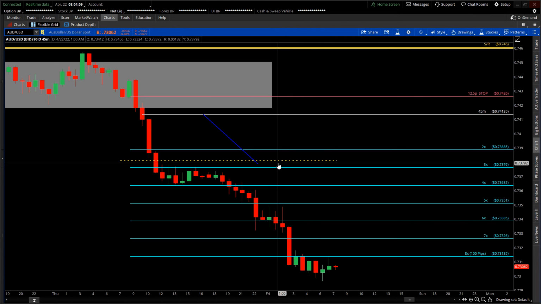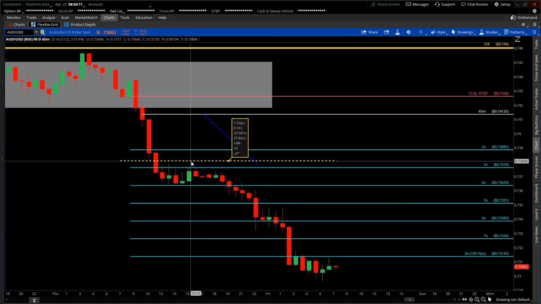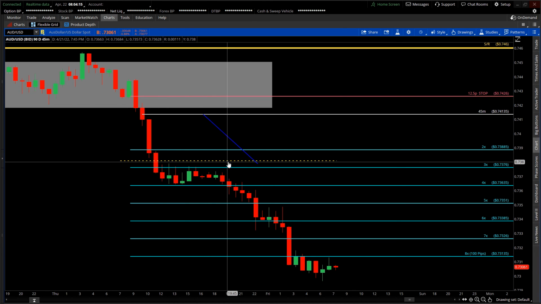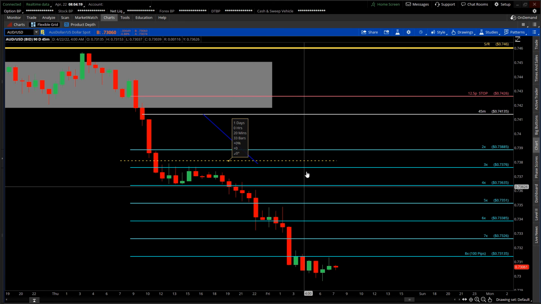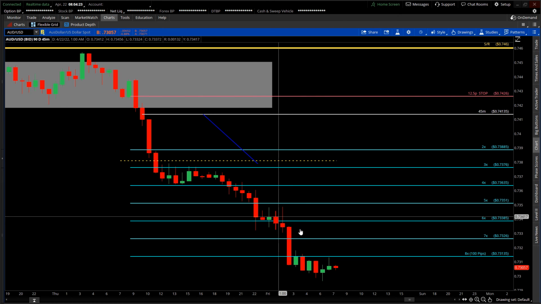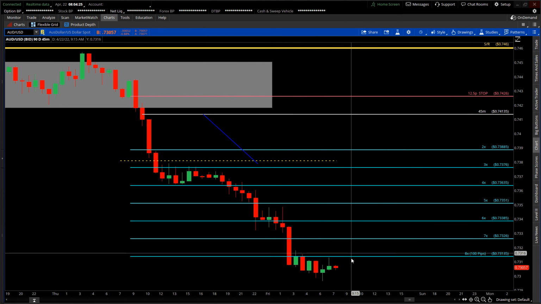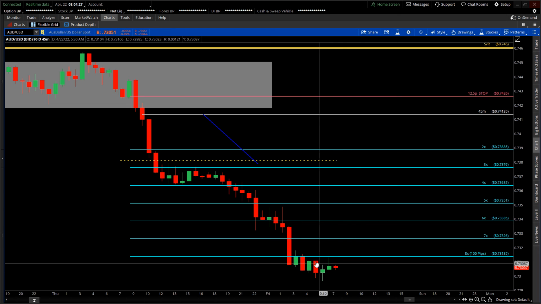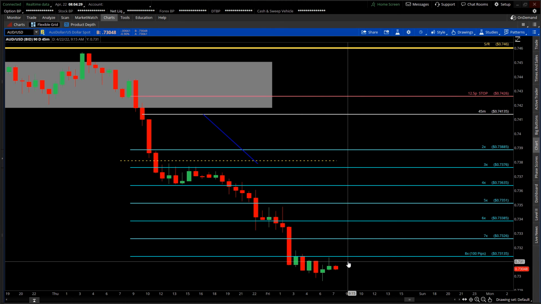And right here, when I went to bed, I had placed my stop where this dotted yellow line is, just for protection, just in case price did reverse on me. But fortunately, price kept on pushing towards the downside. It seems to be consolidating here around this price level right here. I'm looking at the S&P 500.